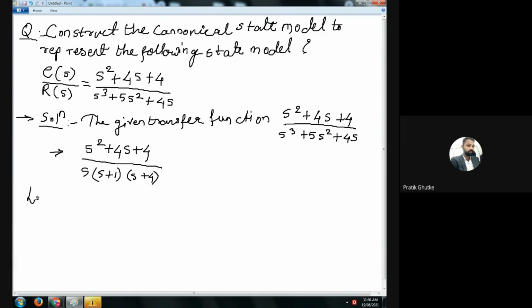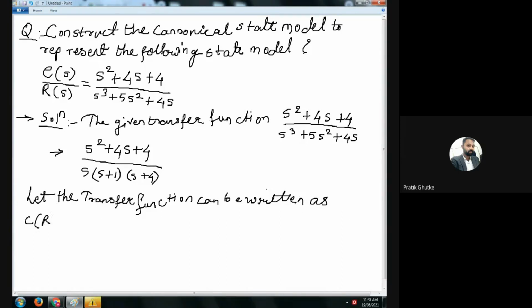Let the transfer function be rewritten as C of S divided by R of S, this is your transfer function, output by input.